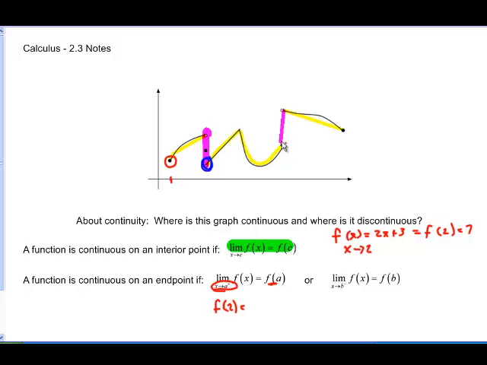This guy right here is continuous, because we are defined at that point, and this spot right here is discontinuous because we are not defined at that point. So that's how you look at continuity on endpoints. By the way, for another endpoint, we are discontinuous here, we are not continuous, and we are continuous here. So those are your ways that you look for continuity.